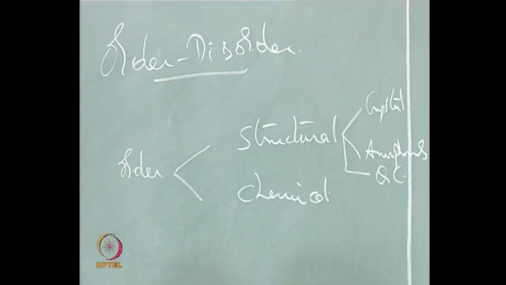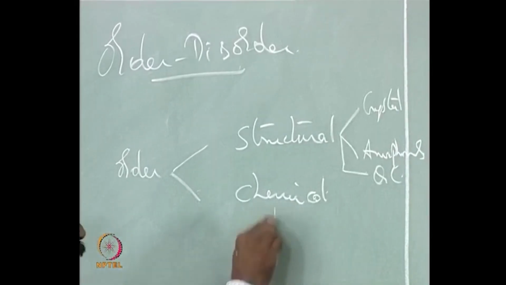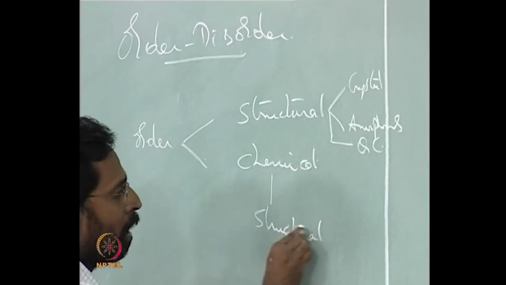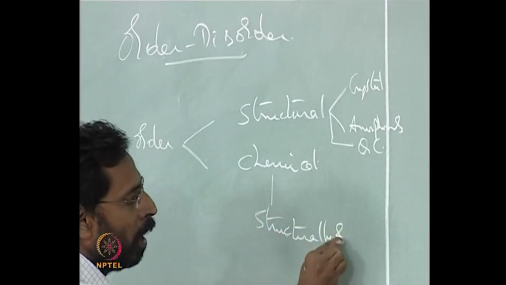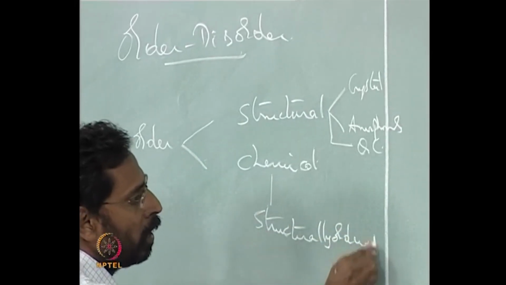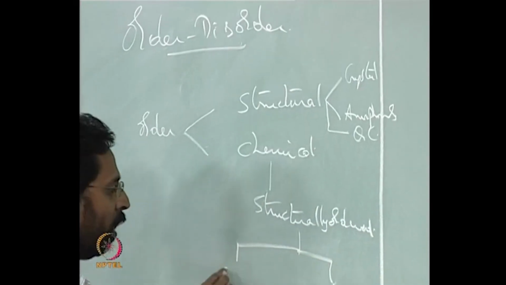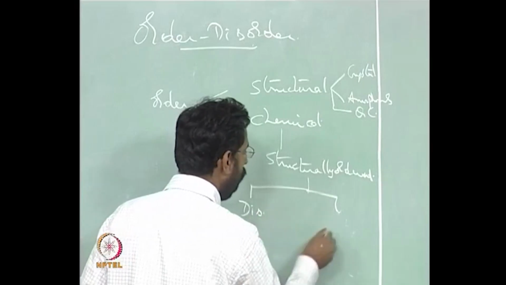When I say chemical order, first and foremost it is structurally ordered, and it can be chemically disordered or ordered.